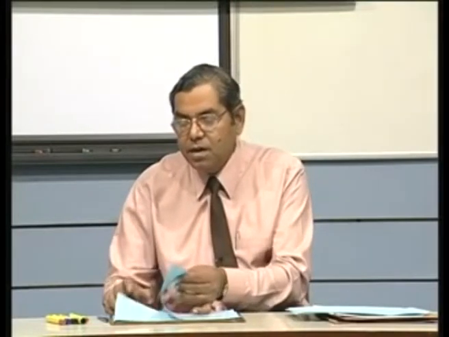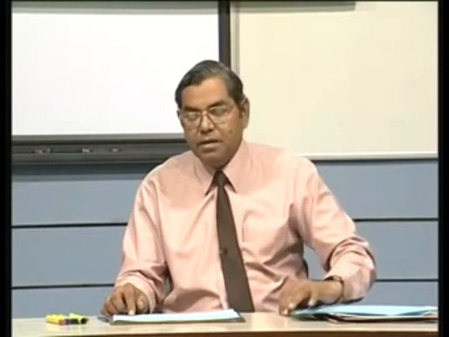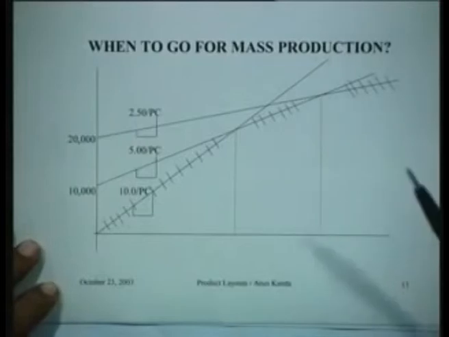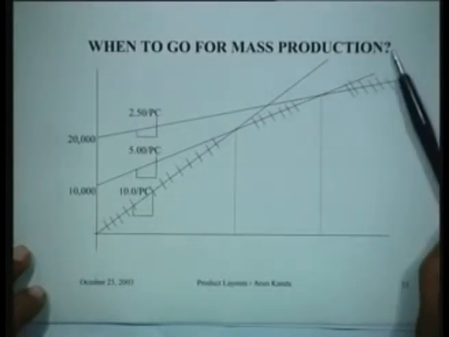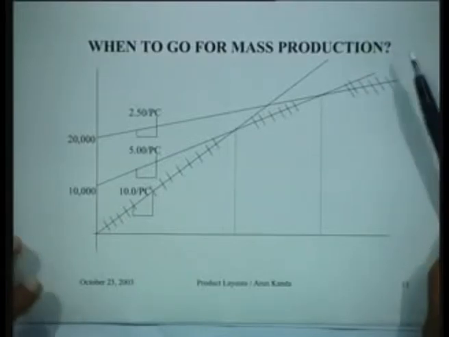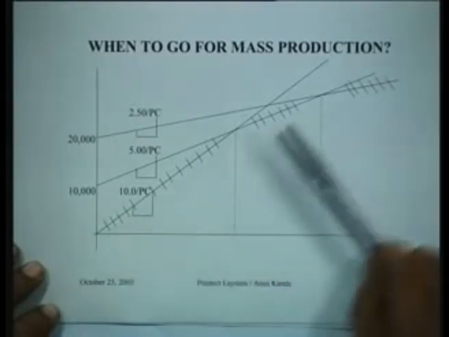Now, having understood the features of an assembly line, let us see when to go for mass production. Incidentally, you must understand that this decision is primarily an economic decision. Just for the sake of argument, suppose we have three options.